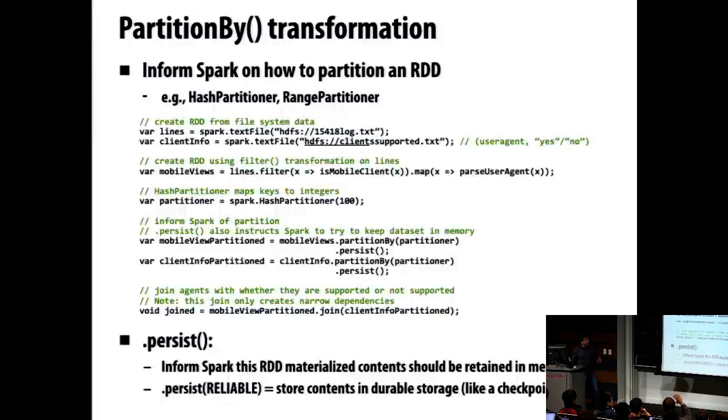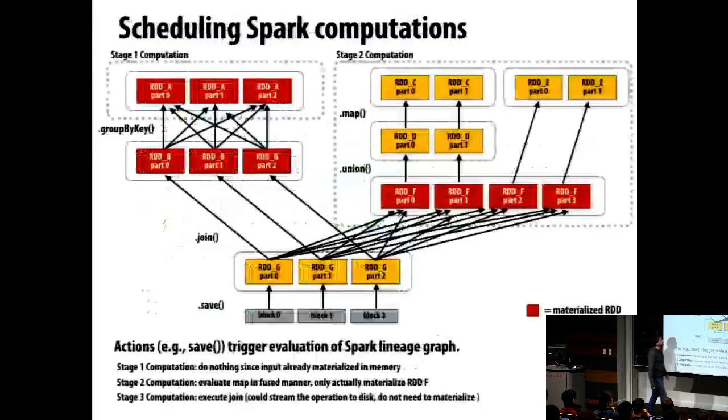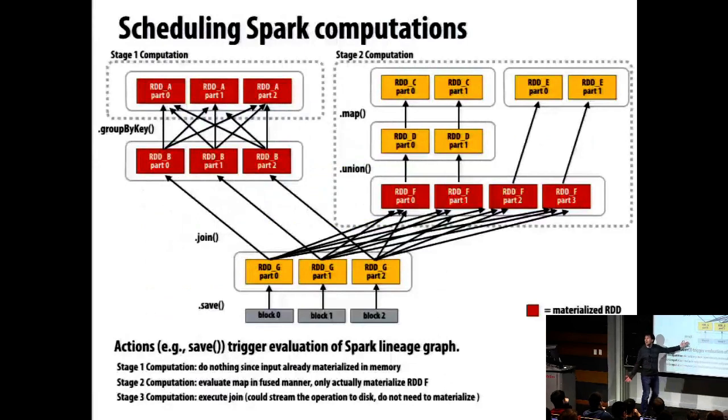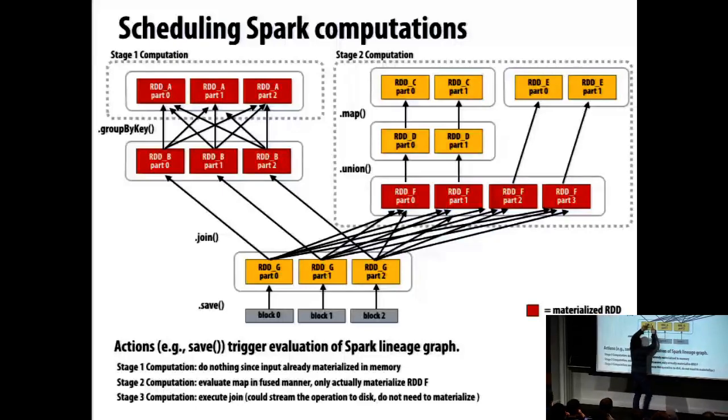Okay, so let's think about the scheduler a little bit here. Imagine that we have this lineage. I gave you a much more complex one now. The output is RDDG. It has 3 partitions. Every partition of RDDG depends on a bunch of different partitions from RDDF and 1 partition from RDDB.